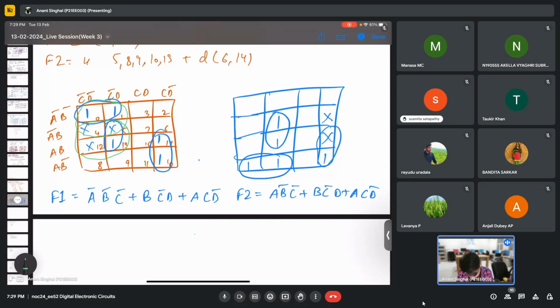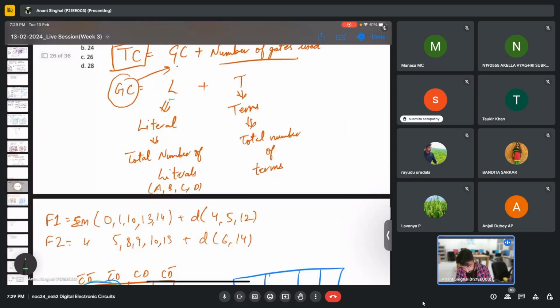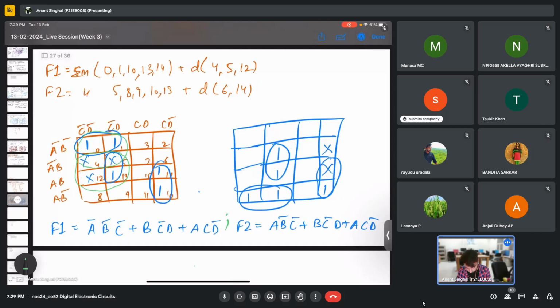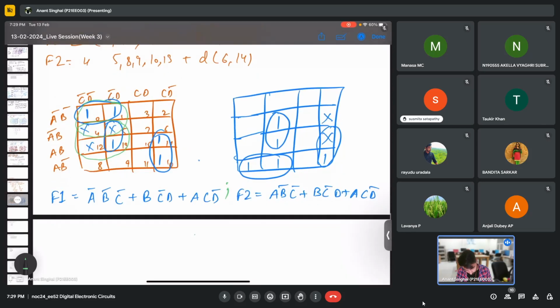Let me make you understand, first of all, the total cost and gate cost regarding this expression only, so that you can try to get all these functions, and then we'll see how we are getting it for the basic quads. So in these expressions, these two are common in both the terms.